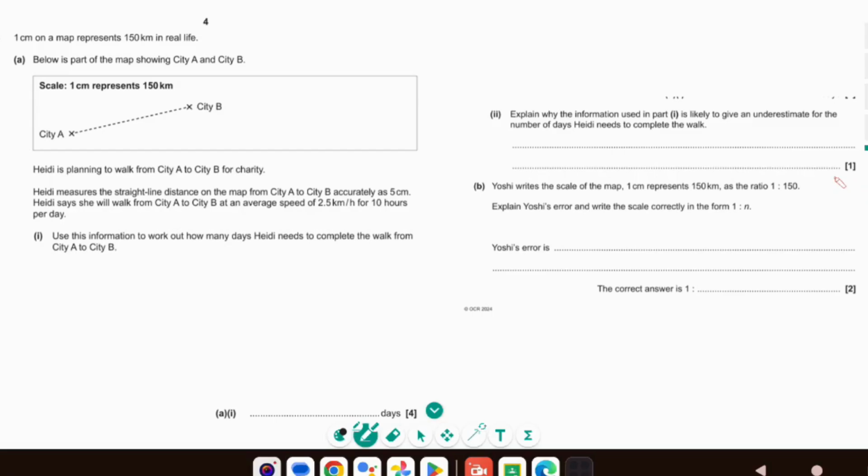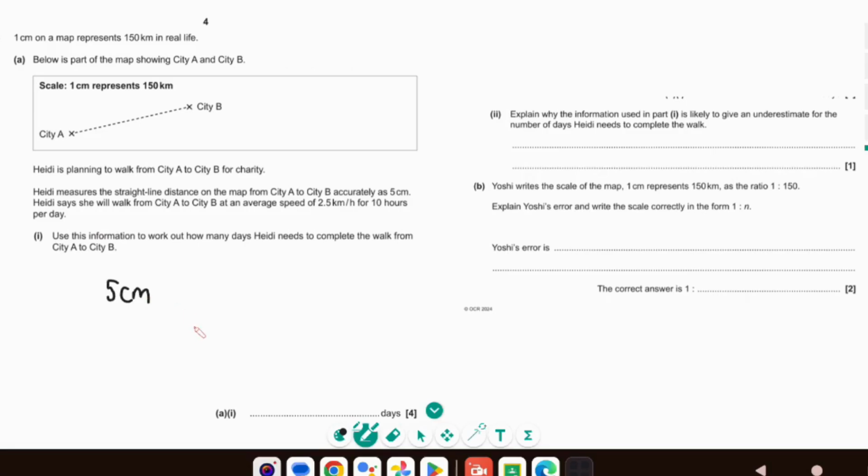1 centimetre on a map represents 150 kilometres in real life. Below is part of the map showing city A to city B. Heidi is planning to walk from city A to city B for charity. Heidi measures the straight line distance on the map from city A to city B as accurately 5 centimetres.